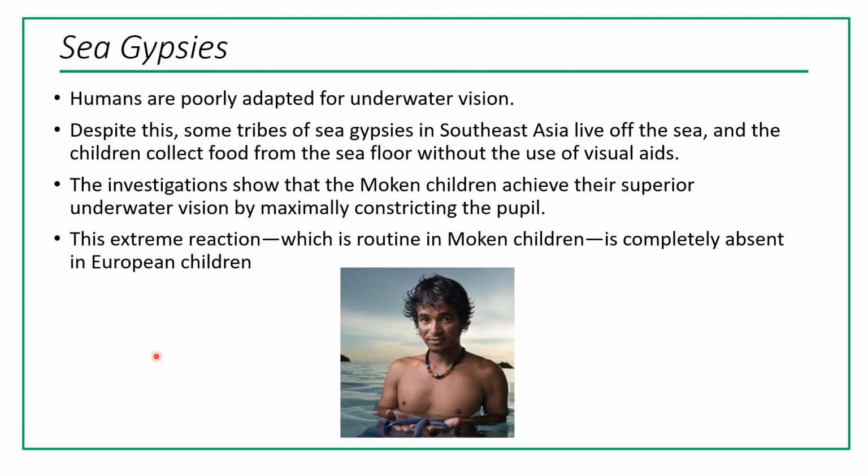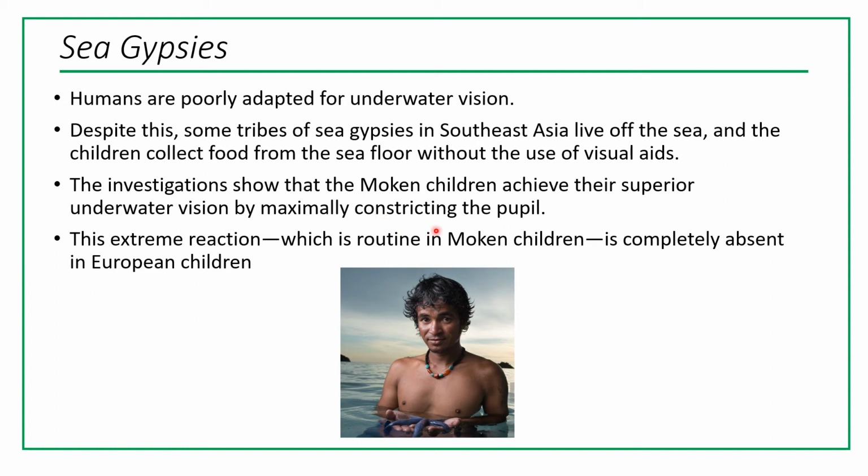So here's another interesting example. These are called Moken children. They are from little tribes in Southeast Asia. Like most people over there, they collect food from the sea floor without using any visual aids. And investigators have shown that the Moken children can actually do something underwater.